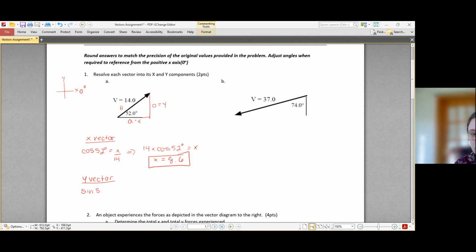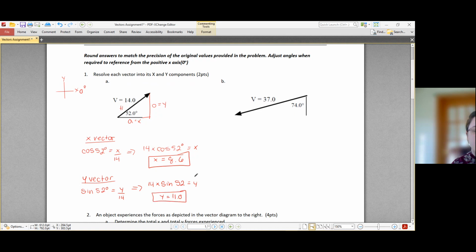So the sine of 52 degrees is equal to our y vector divided by 14. You notice the same format. So in terms of rearranging, there's not any new rearranging. If you rearrange the last one, you can just memorize the format. The length of the vector times the sine of the angle from 0 degrees is going to equal y. And putting that in your calculator, you would have found that y is equal to 11.0.